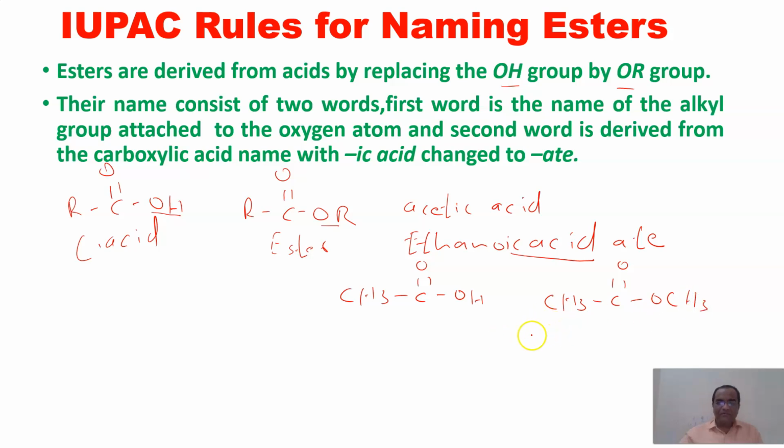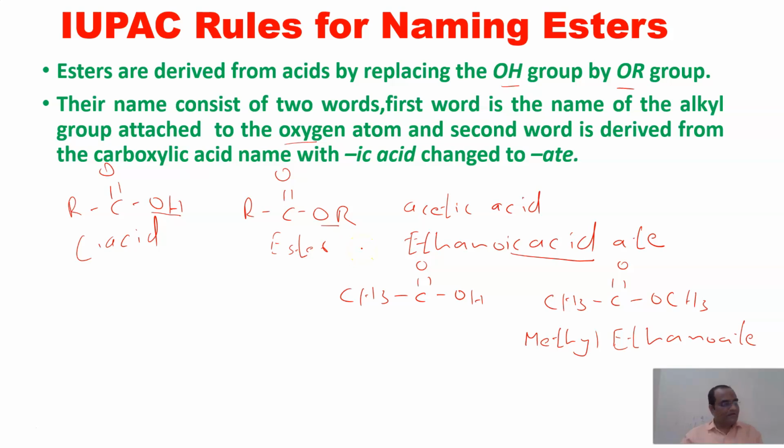The name of this compound is methyl ethanoate. So I have replaced IC acid with ate, and I have to write the oxygen which has a bond with an alkyl group. That alkyl group I have to write over here, as it has been said. The first word is the name of the alkyl group attached to the oxygen, and the second word is derived from the carboxylic acid by replacing IC acid with ate.